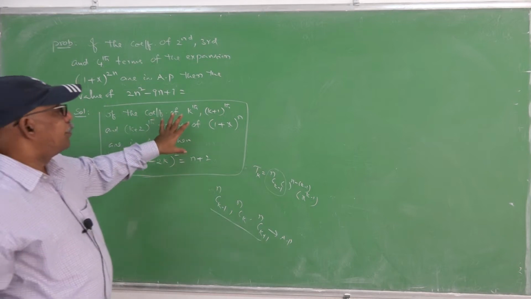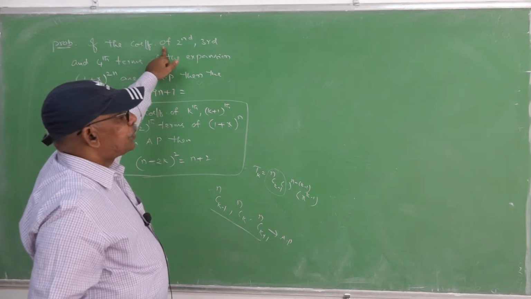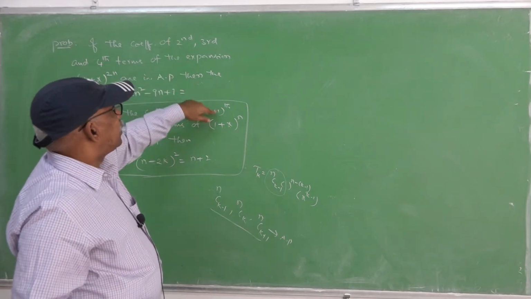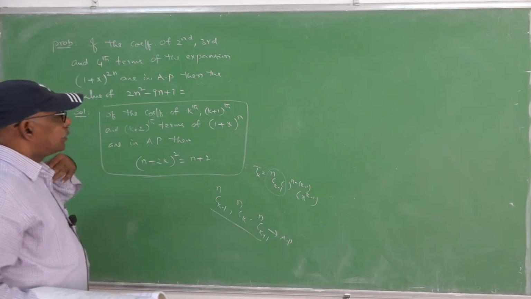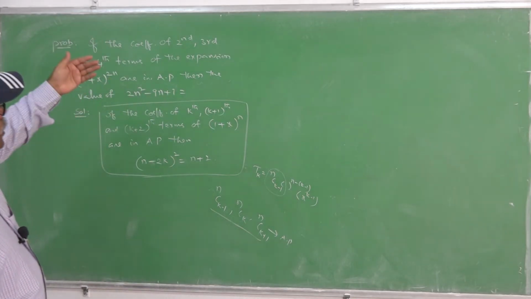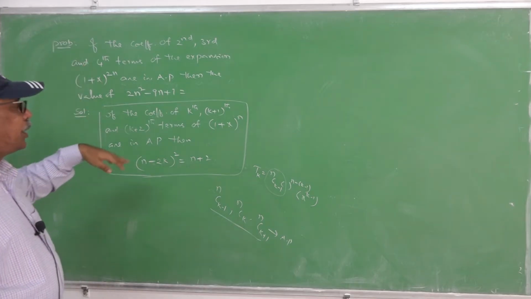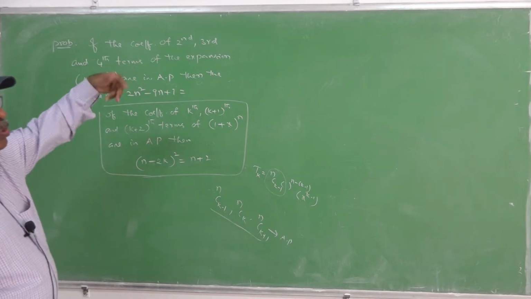Now we can use this result. Here we need the coefficient of the second term. That means k takes the value 2, k plus 1 is 3, k plus 2 is 4. So to get the second, third, fourth terms of the expansion (1 + x)^2n, let us take k equal to 2.